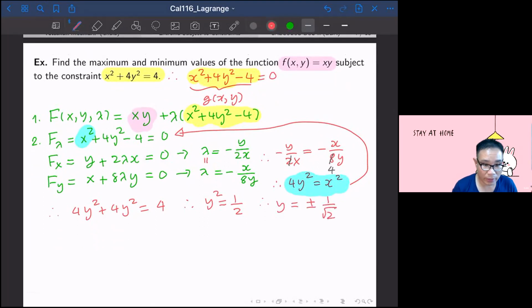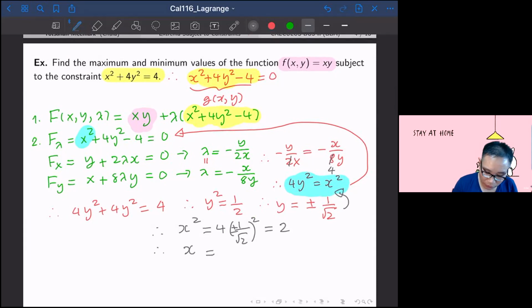After you have y, you plug it in and solve for x. This leads to x squared equal to 4 times y squared, which is 4 times 1/2, so x squared is 2, and you get x equal to plus or minus root 2.